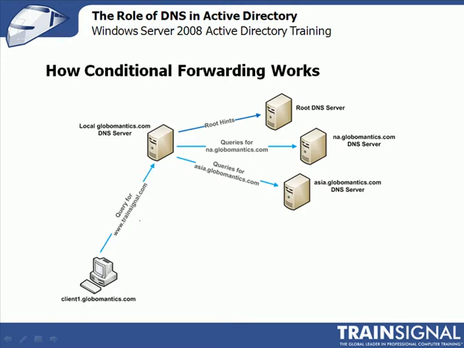Now, if we were to look for www.trainsignal.com, where are we going to go? Yep, just like before, we're going to go to our root hints. Why? Because we don't have a conditional forwarder set up for the Trainsignal.com namespace. So that's how conditional forwarding works.